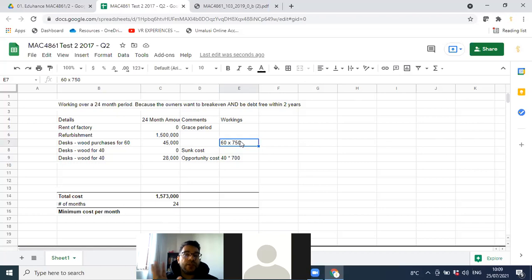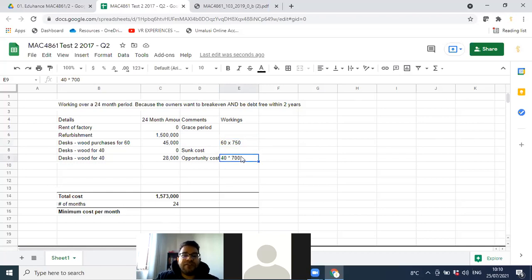So just be aware, we're working out the minimum cost. Let's say the other buyer was willing to pay 800 rand per desk, per the wood for the desk, then we would rather sell it because we're going to get 800 and we just need to pay 750 to buy.